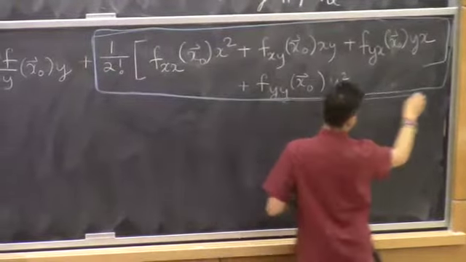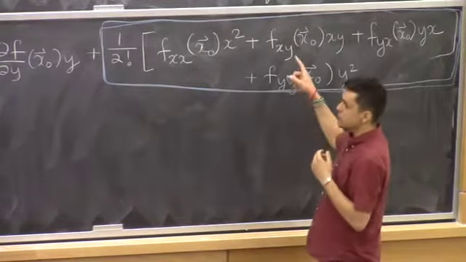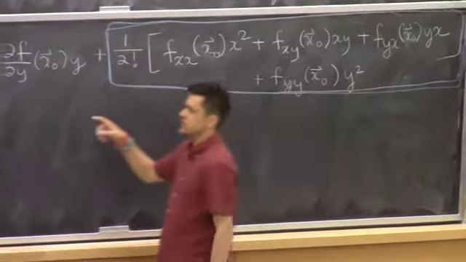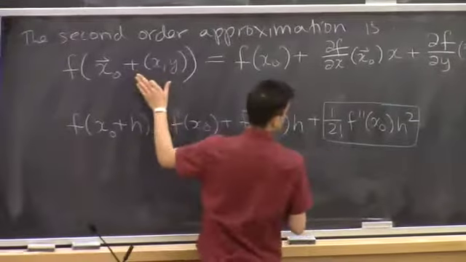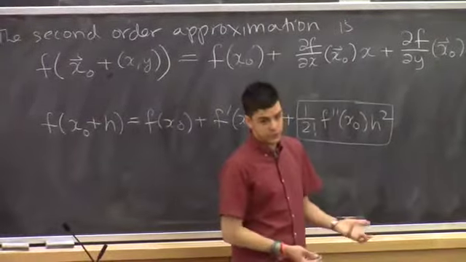This is the x squared, xy, yx, y squared. Where does that come from? These come from the derivative of this approximation we're writing down. We need the derivative to agree with the derivative of our original function. So this whole thing is built so that the derivatives agree with the derivative of the original function.